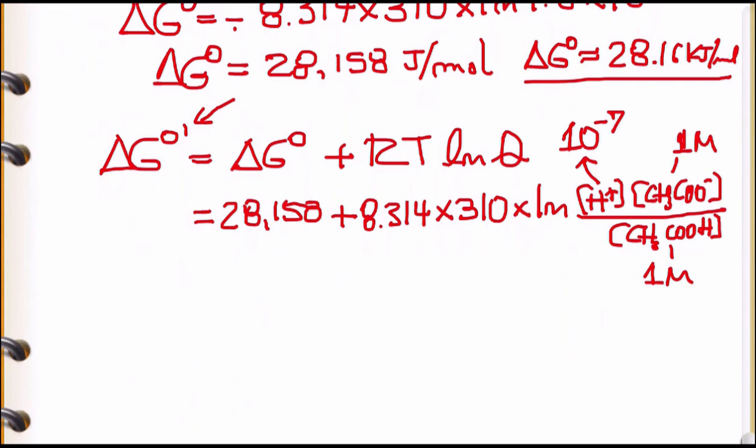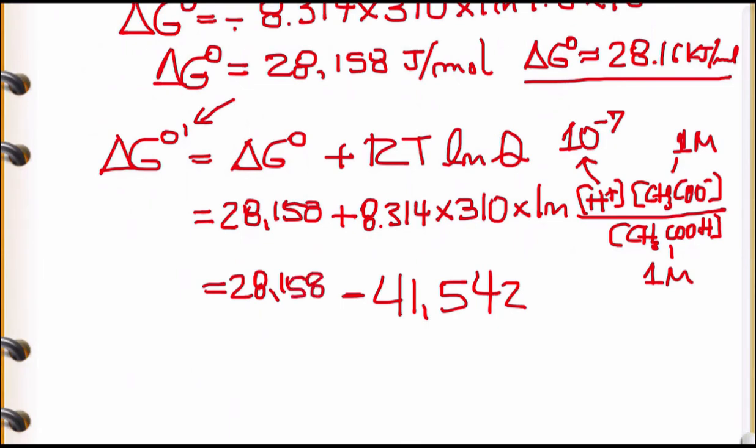So only the second term is going to be minus 41,442, and the first term remains the same, 28,158. That's the delta G naught prime that we are trying to calculate. So the result comes out as approximately minus 13,384 joules per mole.